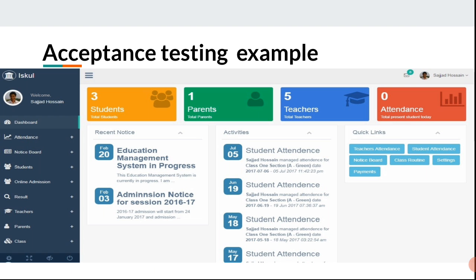If we consider this example in which we have the acceptance testing, we have the student management system. We call the students, the parents, the teachers, and attendants. Acceptance testing means that the system will work, giving us the attendance, and it will register the teachers, the students and the parents and information about them.